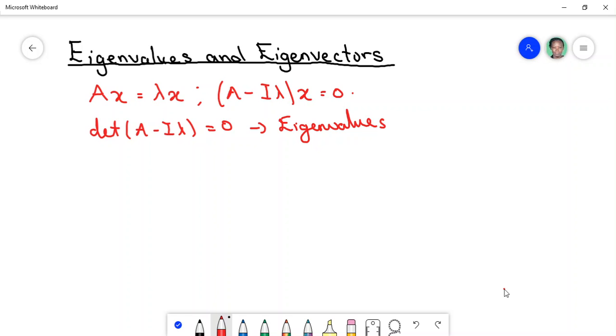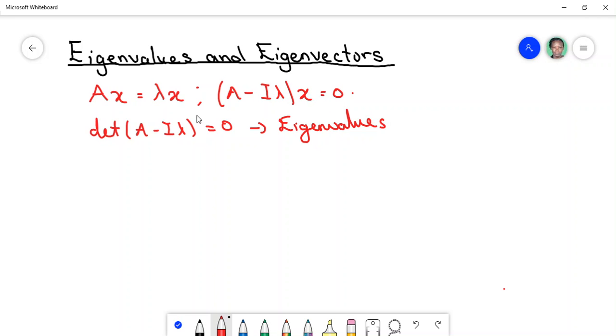In our previous lesson, we looked at eigenvalues and eigenvectors, and we established that if I have a matrix A times our vector x is equal to lambda x, where lambda is our eigenvalue. And we established this homogeneous equation. x here is a non-zero vector.